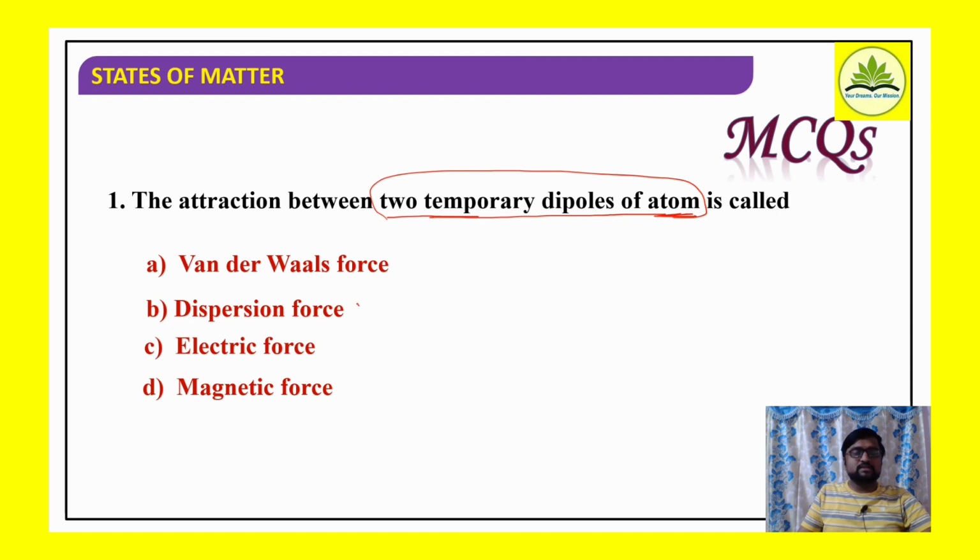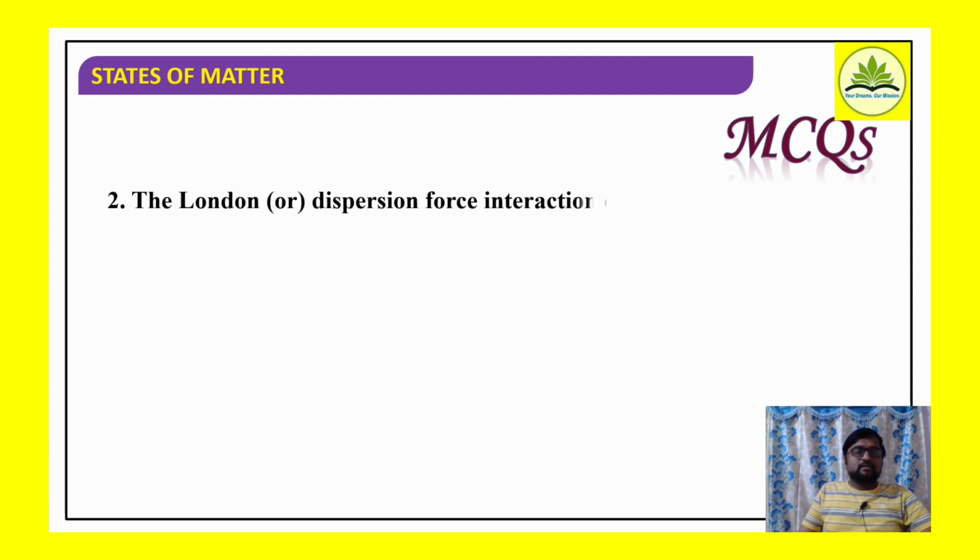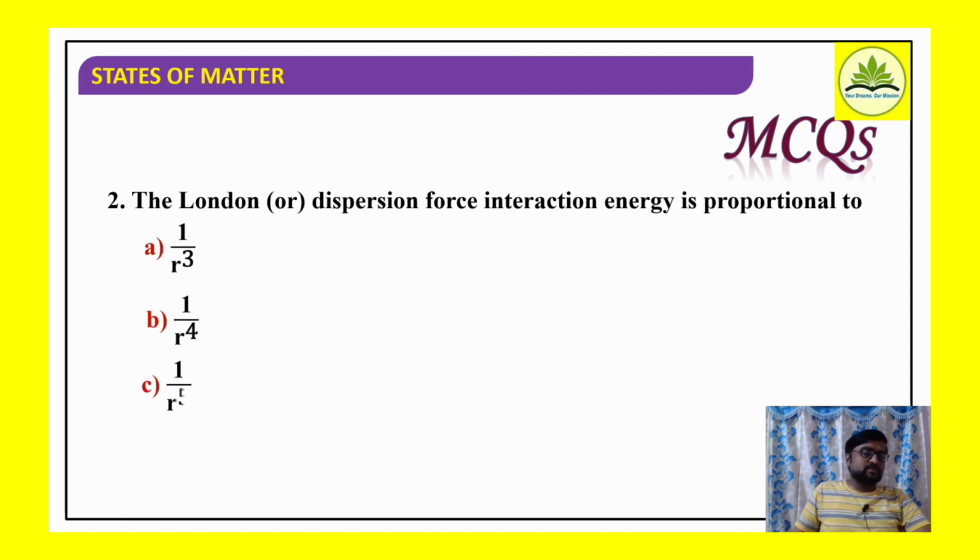What is the answer? It is the dispersion forces, and it is also called the London forces. Second: the London or dispersion force interaction energy is proportional to 1 by r raised to 3, 1 by r raised to 4, 1 by r raised to 5, or 1 by r raised to 6. What is the answer? 1 by r raised to 6.